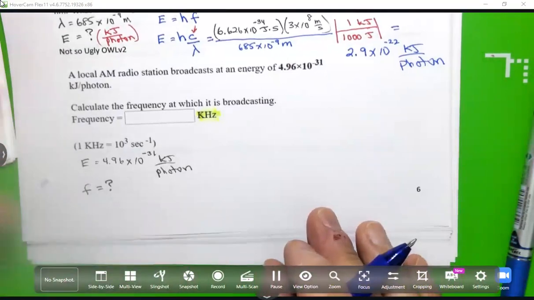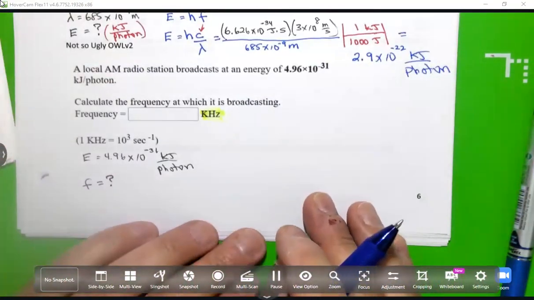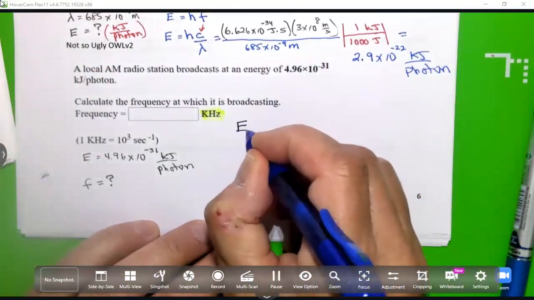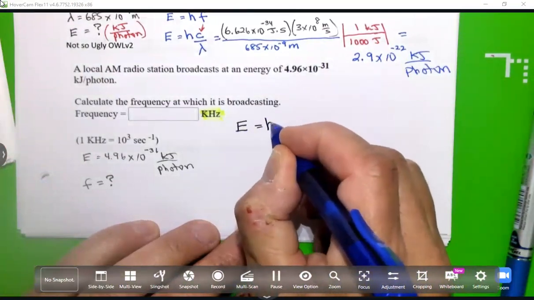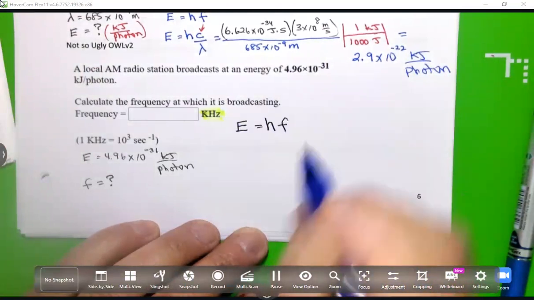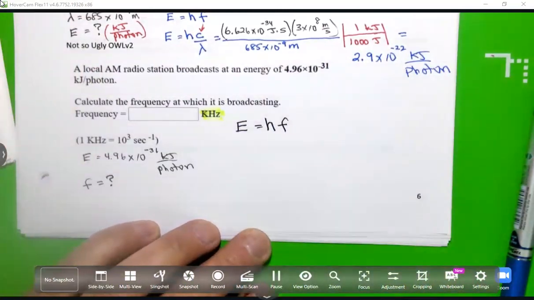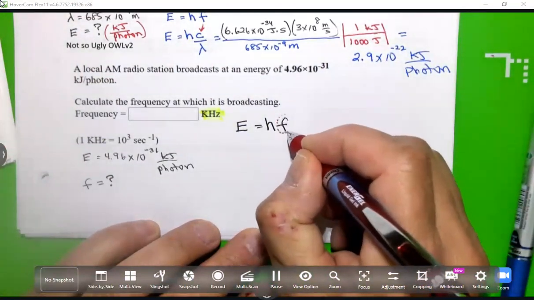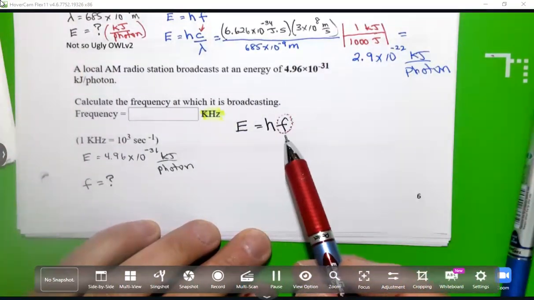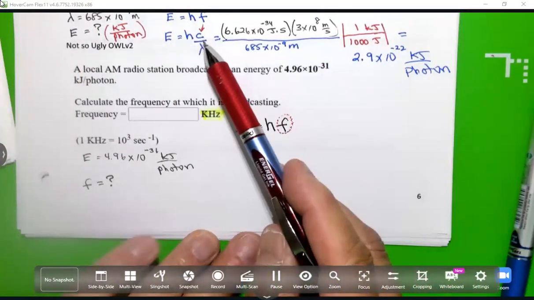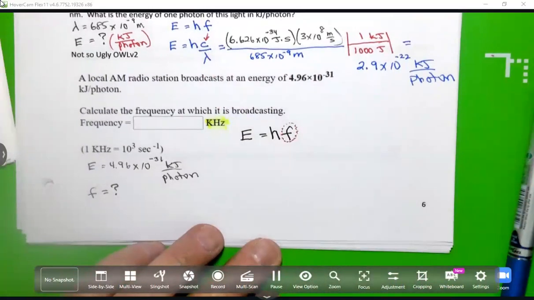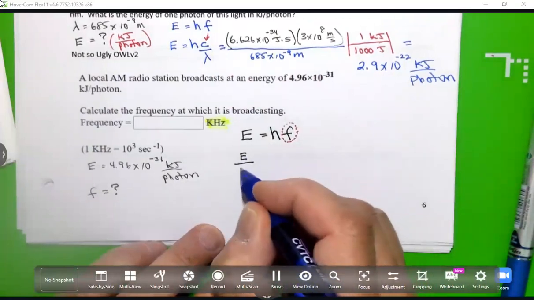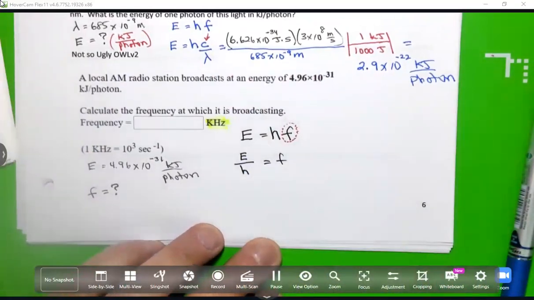So let's write down our equation first. All right, so we know energy is equal to Planck's constant times our frequency. We want frequency, so I'm not going to do my substitution I did for the last problem. I'm just going to leave this as the frequency. So then I know my energy divided by Planck's constant should be my frequency.